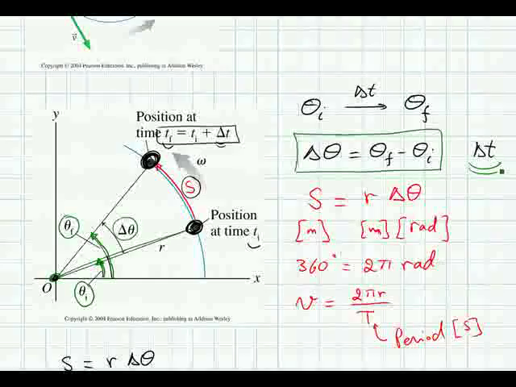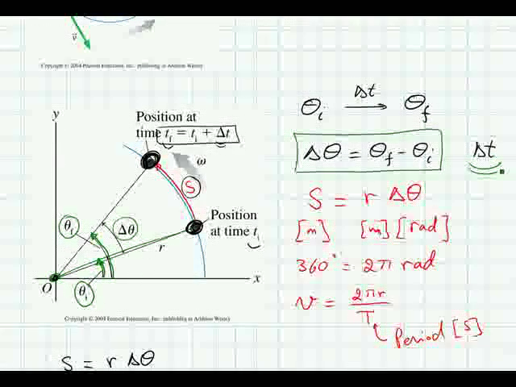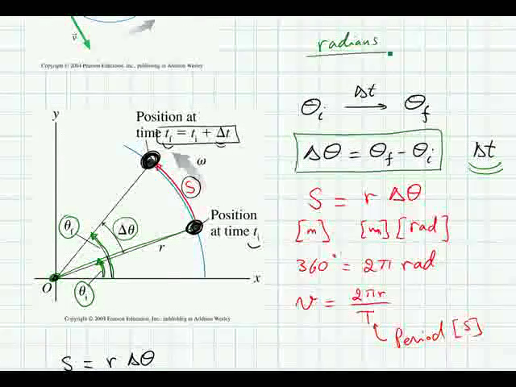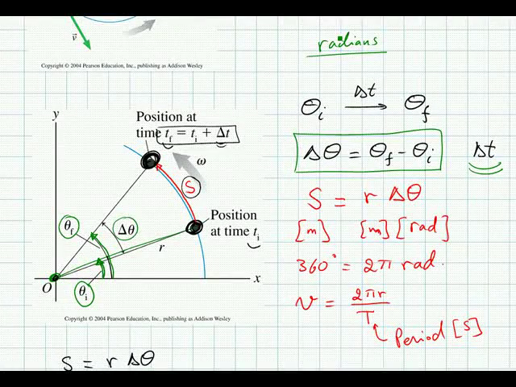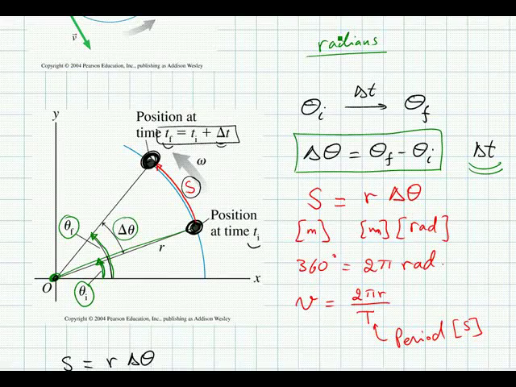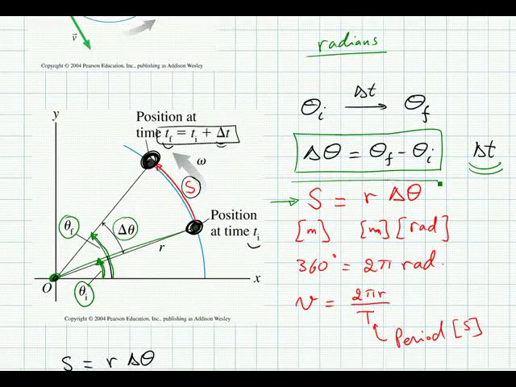Now if we measure theta in radians, and I advise you to keep your calculators in the radians mode from this chapter onwards, then the arc length S is given by this relationship.